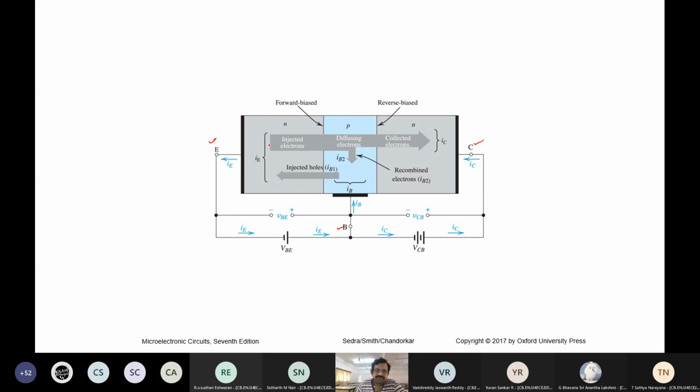Okay, and this is a schematic of an NPN transistor under active mode of operation.